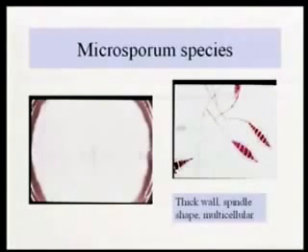You don't see it well in this photograph, but see these little spurs, little spines on the outside. They do vary from species to species, even in the Microsporum, but in general, they all have that same shape compared to the others.